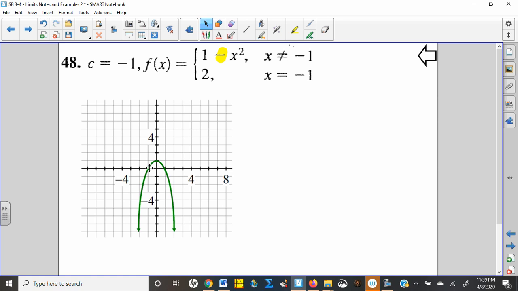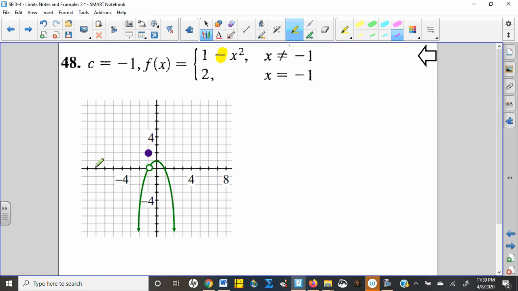So if I go back to negative 1, there was a hole there, okay? At the same time, they wanted me to define the function at negative 1 with a value of 2. Okay, so that's kind of what it looks like. Does it really make a big difference on how we evaluate this? No, because it's a removable discontinuity.